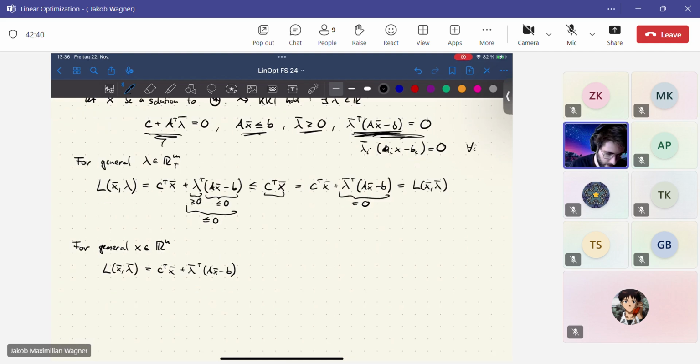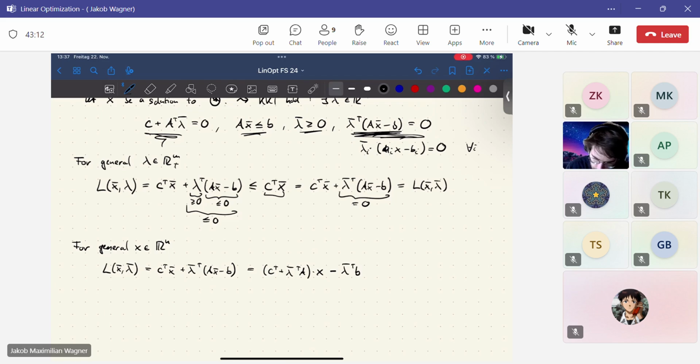And we can just regroup this, so we can collect all the occurrences of x together and see what's left remaining. So if we do this, we can write this as (C transpose plus lambda bar transpose A) times x minus lambda bar transpose B.